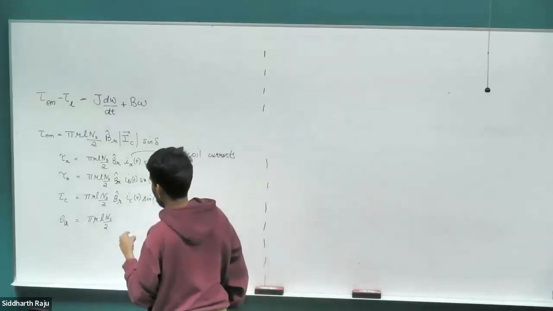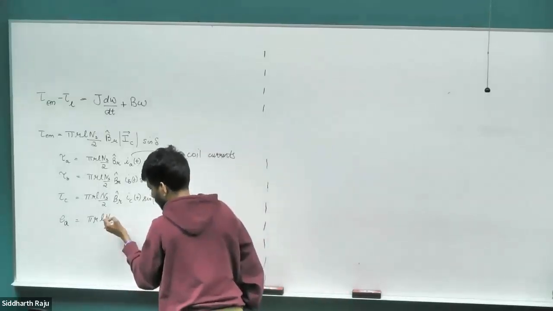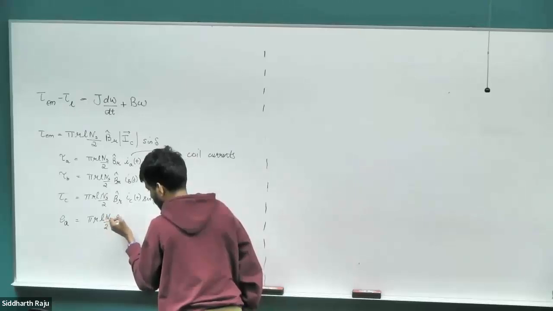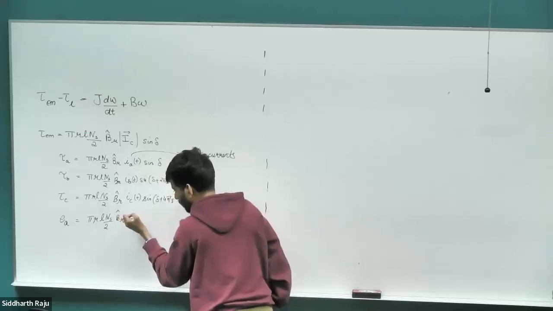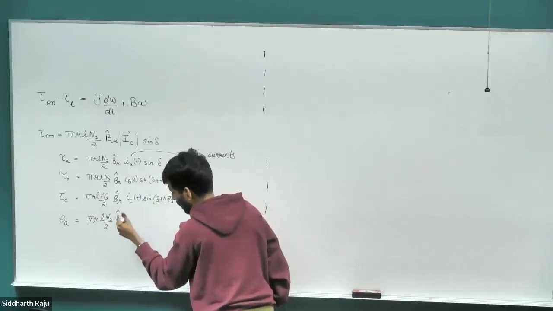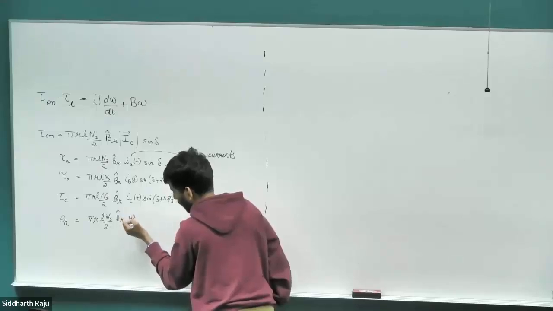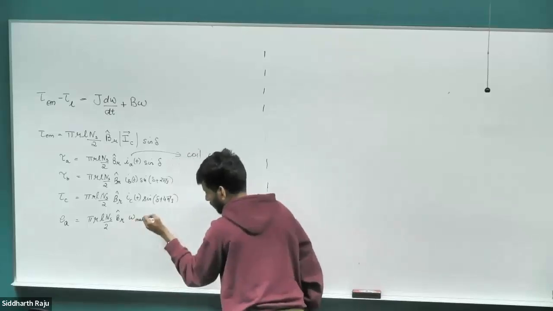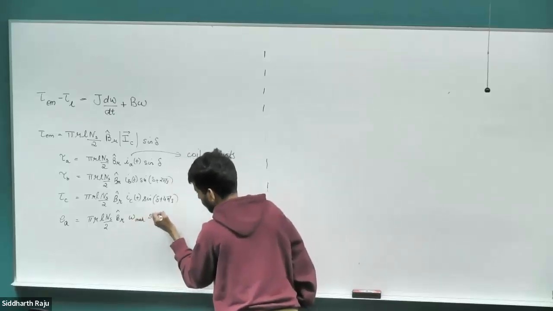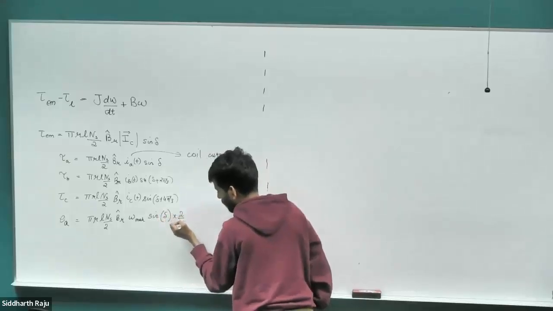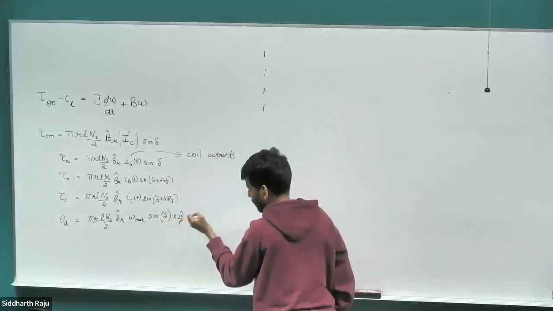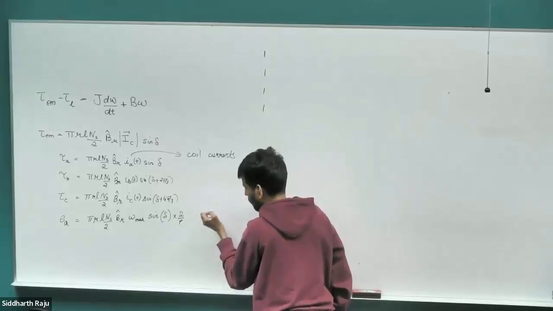NS by 2 times BR space vector times 2 by p times, or let me use that term in the end, times omega mechanical times sine of delta times 2 by p. So this is the coil EMF.